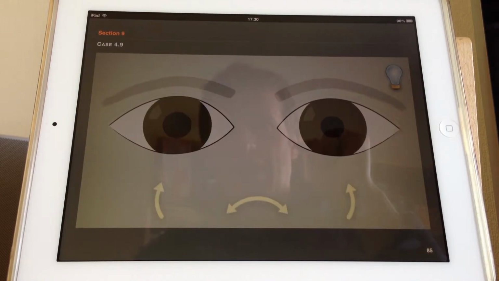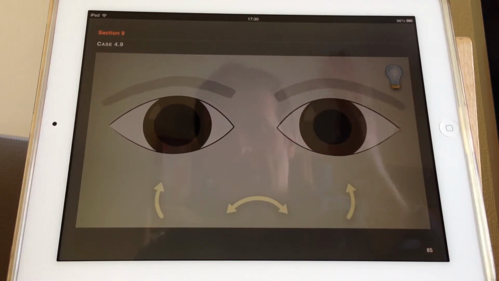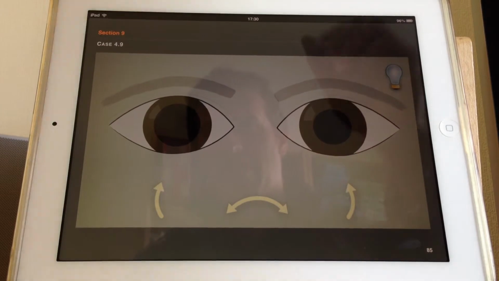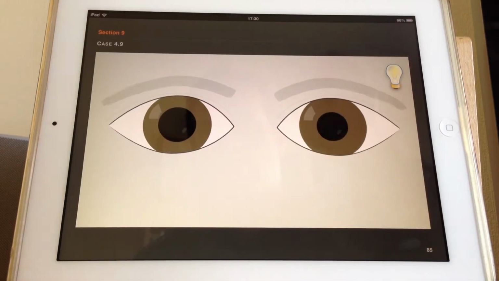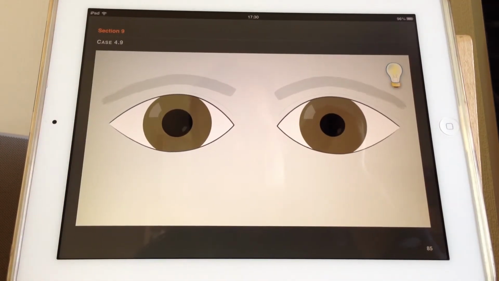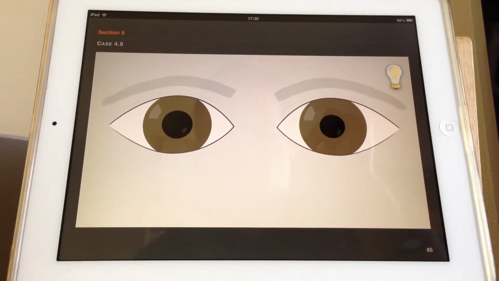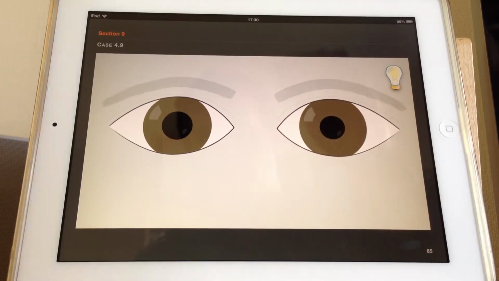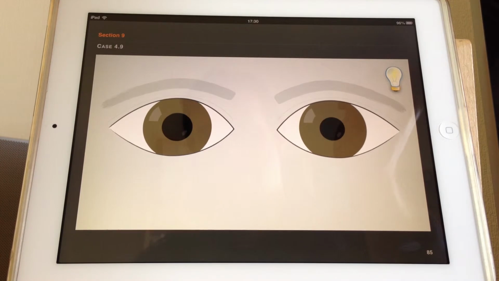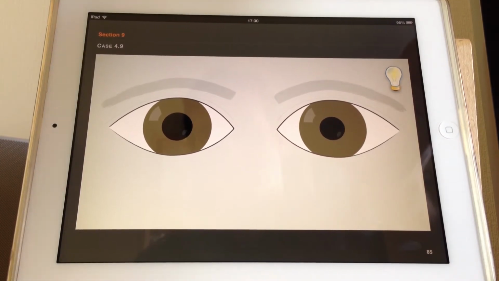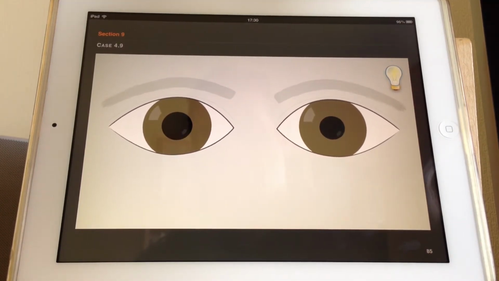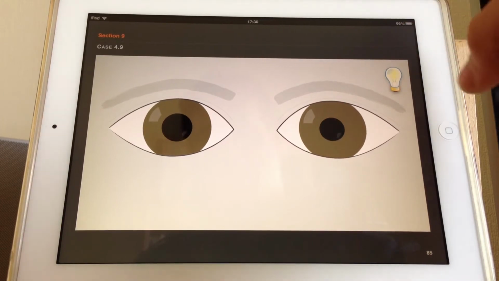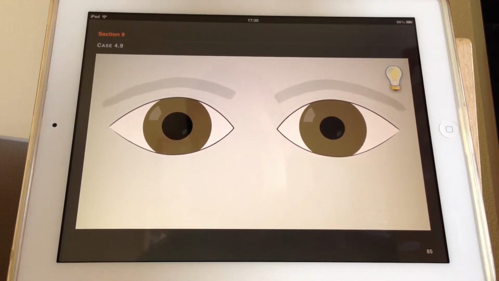So if we put that all together, we've got an anisocoria. We've got differences in pupil sizes, but that anisocoria is similar in light or dark. We've got no other, what I might call a red flag, so we've got no ptosis that you might get with a larger pupil in a third nerve palsy. We've got no ptosis that you might get with a smaller pupil in a Horner syndrome.